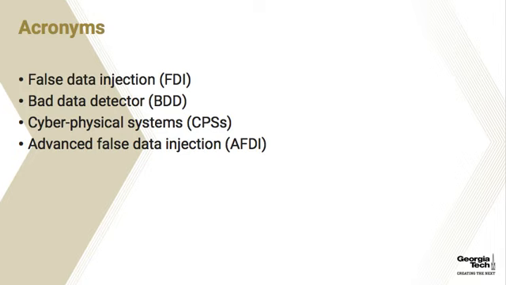A bad data detector is an approach used to detect malicious activity that is performed on cyber-physical systems. Cyber-physical systems will be referred to as CPSs. AFDI stands for Advanced False Data Injection, which will be one of the main topics of this presentation. I will be going over this term in more detail later on in this presentation.